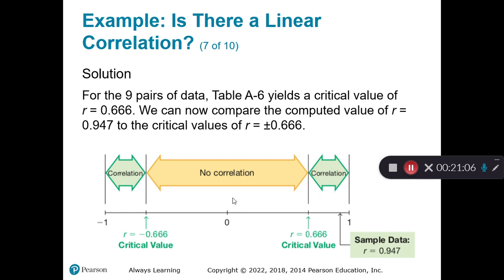If the R value that we had calculated fell somewhere in here, maybe like R equals, I don't know, 0.05, it would not give us enough evidence that there is linear correlation. So in this case, we claim victory and we say that we do have evidence of linear correlation because the calculated R value is beyond where the critical value is.